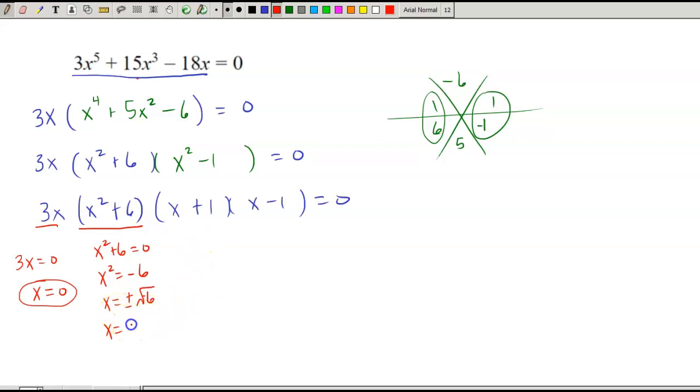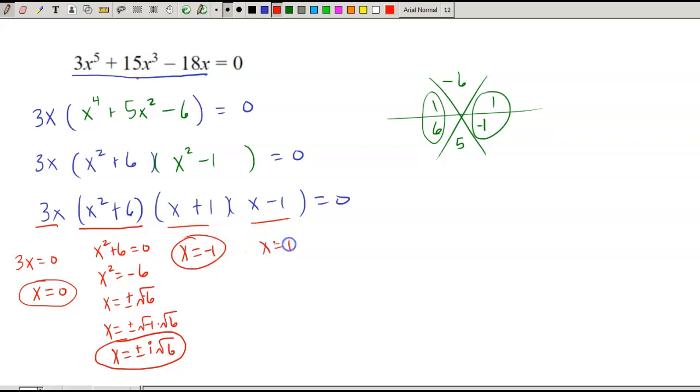We know that the square root of negative 1 we can separate and change into an i. So this is really plus or minus i root 6, my two more answers. And then these other two are simply x equals negative 1 and x equals positive 1. So those are my answers.